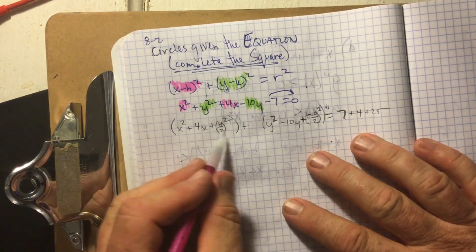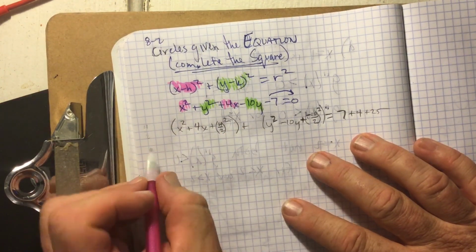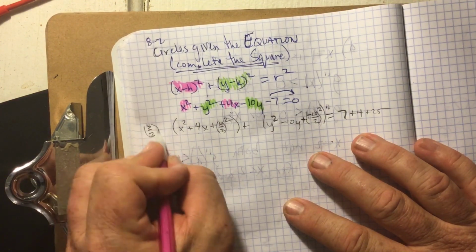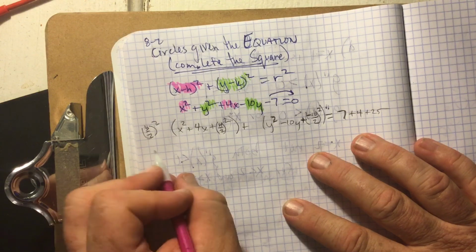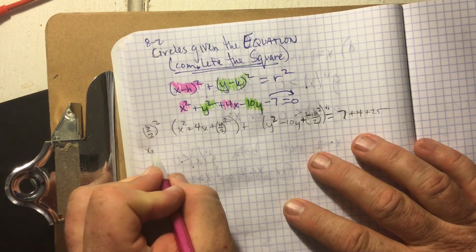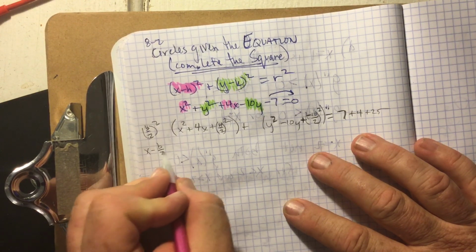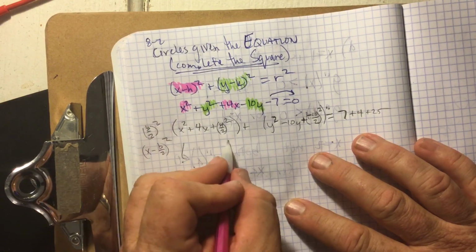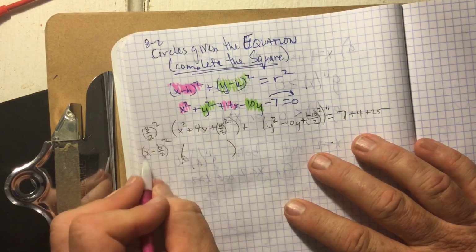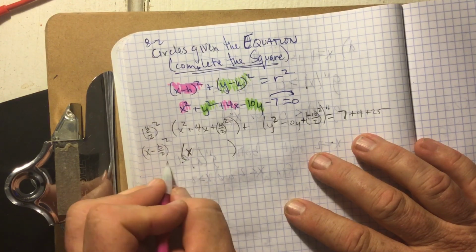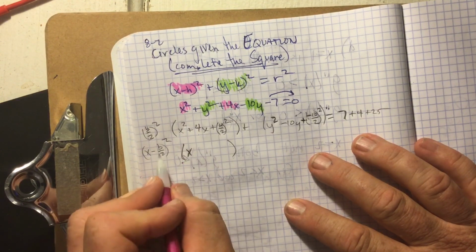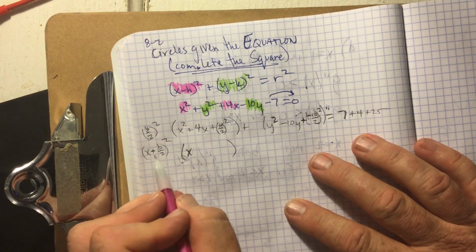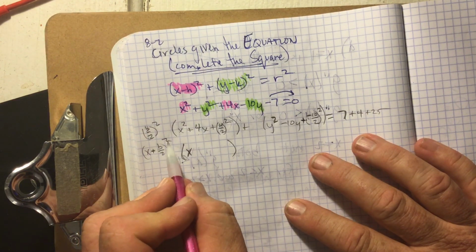So now, this is the next step. This is b divided by 2 squared. This is going to be x minus b divided by 2 squared. So if I take this here, x, sorry, it's a plus. X plus b divided by 2 squared.